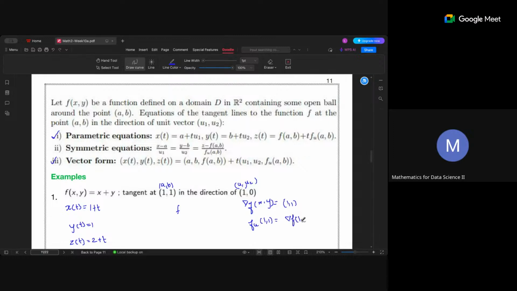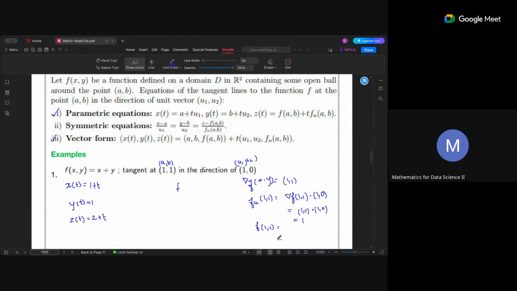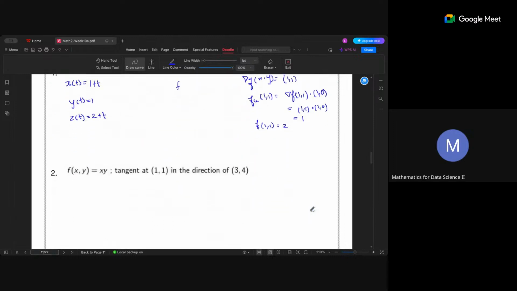Del f at 1 comma 1 dot product with which vector? What is u? 1 comma 0. So what is the dot product of 1 comma 1 with 1 comma 0? It is 1. So this is your f_u of 1 comma 1, right? Now what is f of 1 comma 1? It is 2. So you got 2 plus t, that is, f of a comma b plus t times f_u of a comma b. That's all. Okay, ma'am. So do the next.